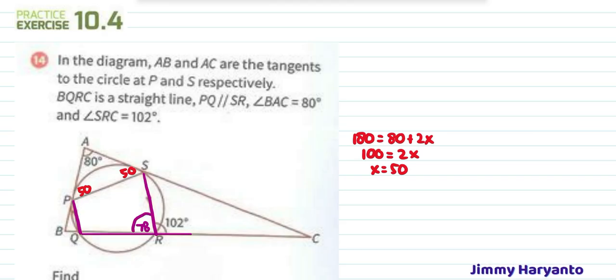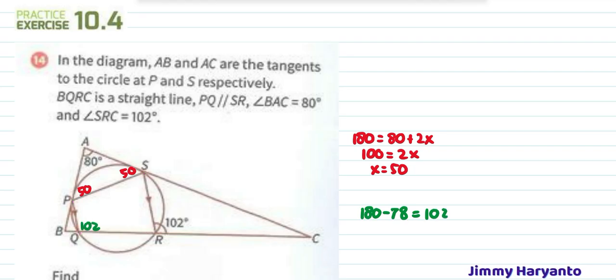That means the 78 and this one will be 180 in total. To find the green, you only have to subtract 78 from 180, which is 102. So that one is 102. This one is 78. And then what next?